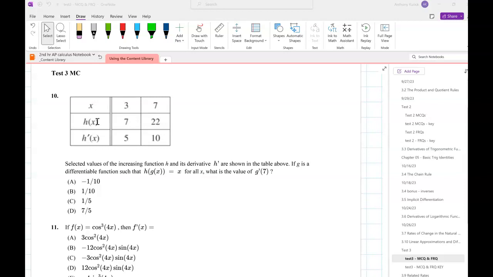So Elena, I think I did something really wrong. We'll see in a second. Our outer function is x cubed. Our inner function is cosine 4x. The derivative of the outside is 3x squared. The derivative of the inside is 4 sine 4x.